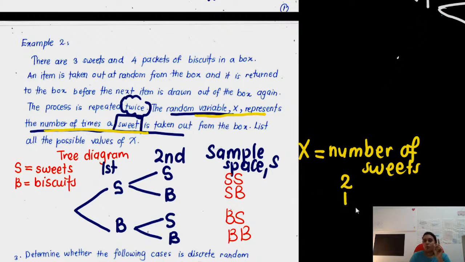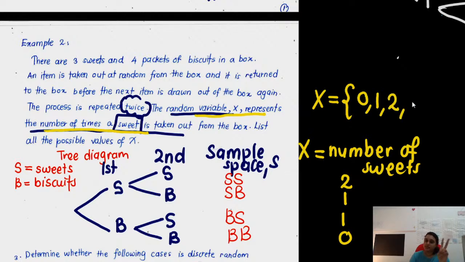SB, 1 sweet. BS, 1 sweet. BB, 0 sweet. So what are the possible values of X? So X can be 0 sweets, 1 sweet, or 2 sweets. So 0, 1 and 2. Stop at 2.